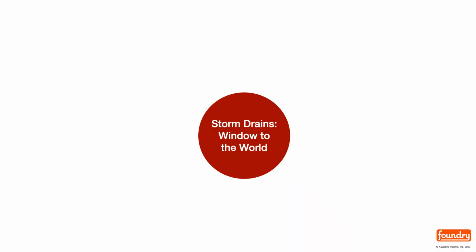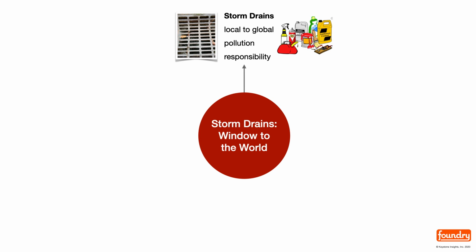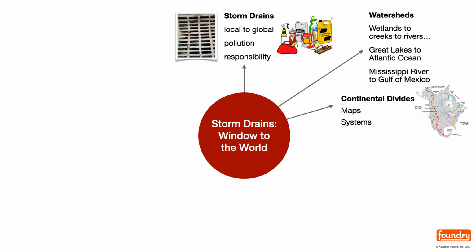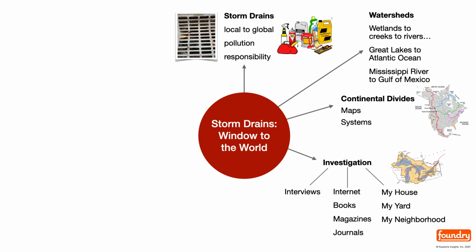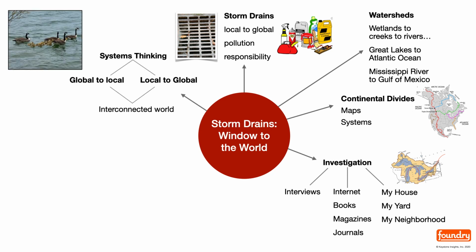So let's look at what's at the heart of this with a mind map. Storm drains to the world. These storm drains have the option of having just water go down them or all sorts of pollution. And who's going to take responsibility? We're going to study watersheds and continental divides. We're going to do an investigation in my neighborhood and then use other resources.